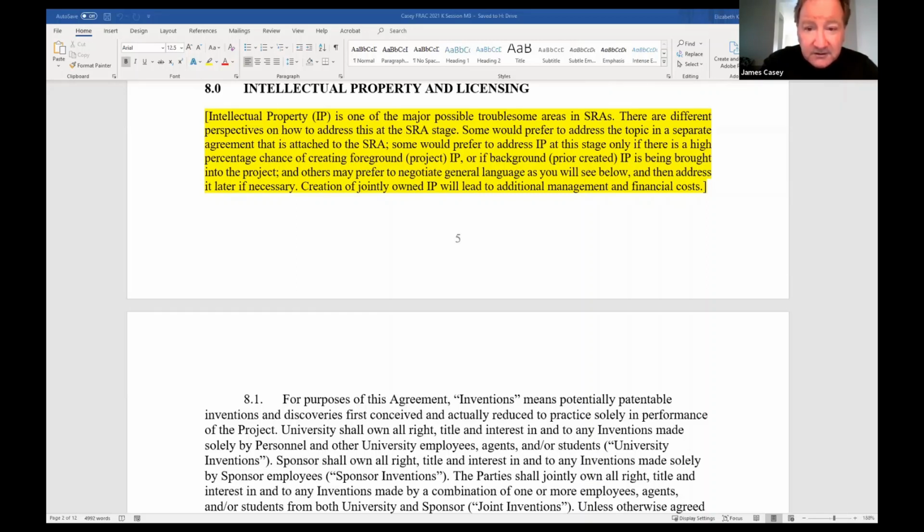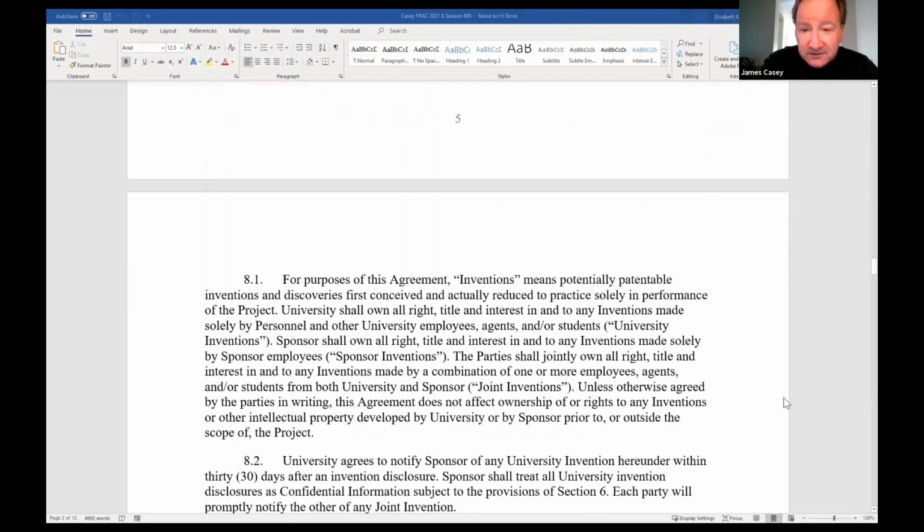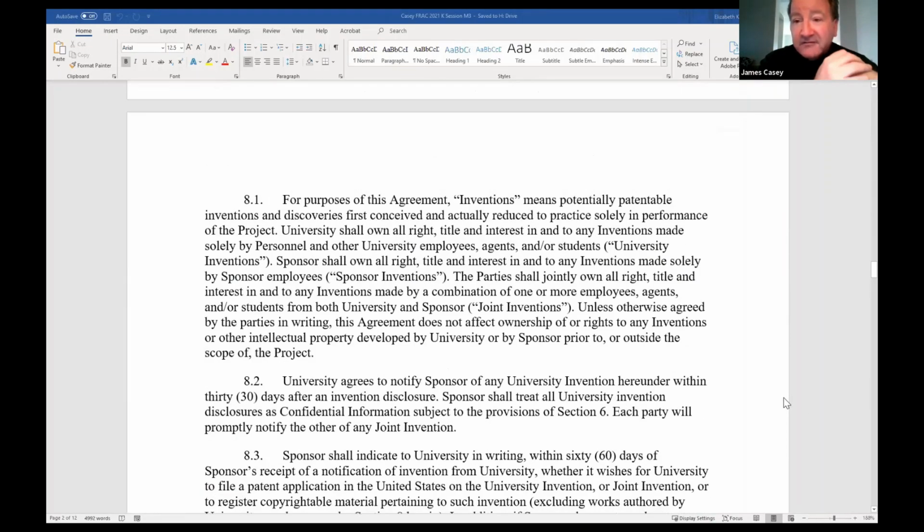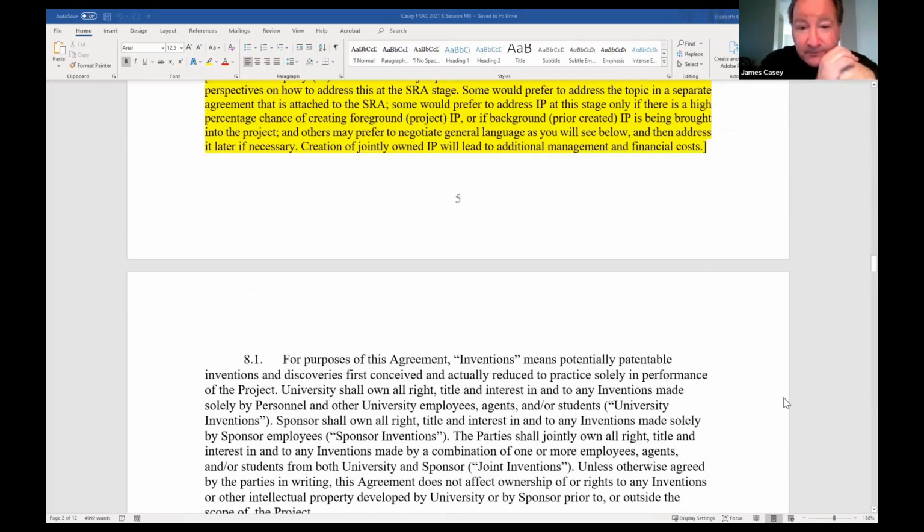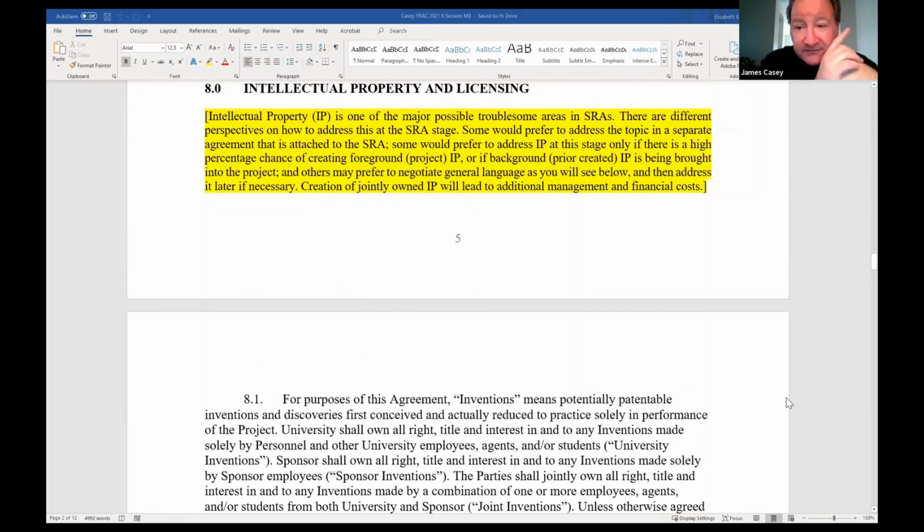But if the faculty says, well, in the very early stages, something may be created, then probably you need to add a section 8.0 into your standard sponsored research agreement. And also, the creation of jointly owned IP will lead to additional management and financial costs. And you have to keep that in mind.